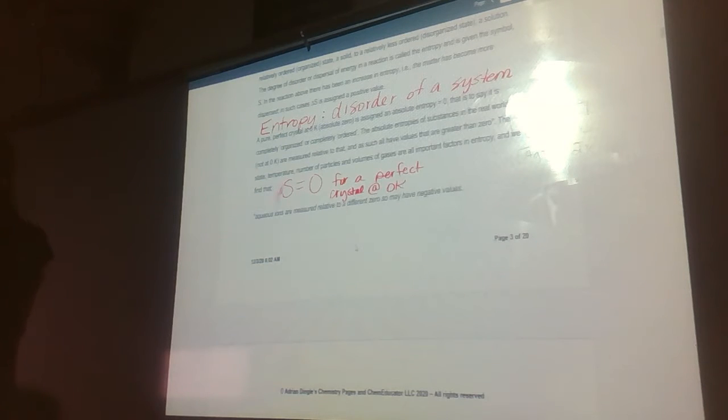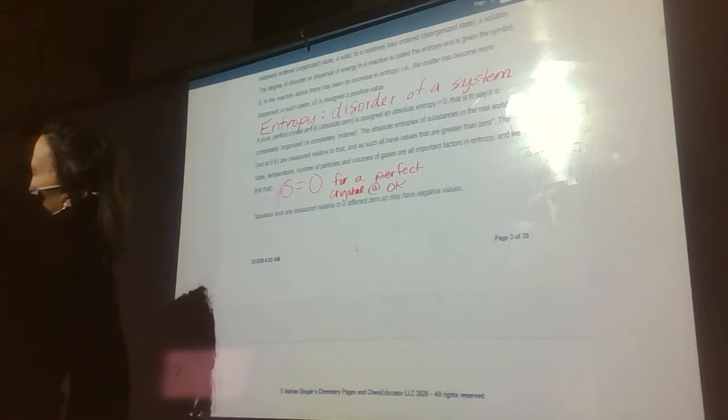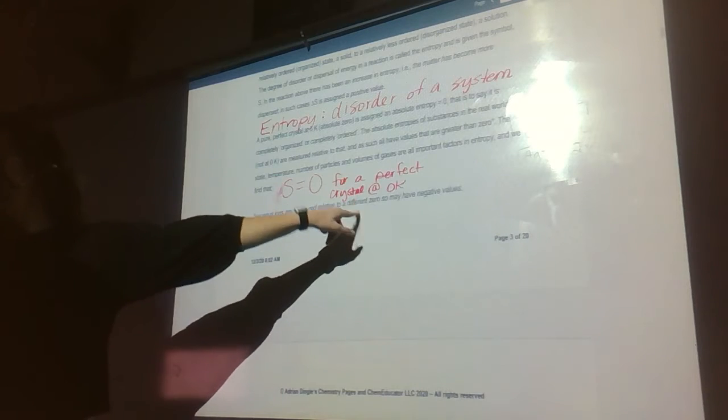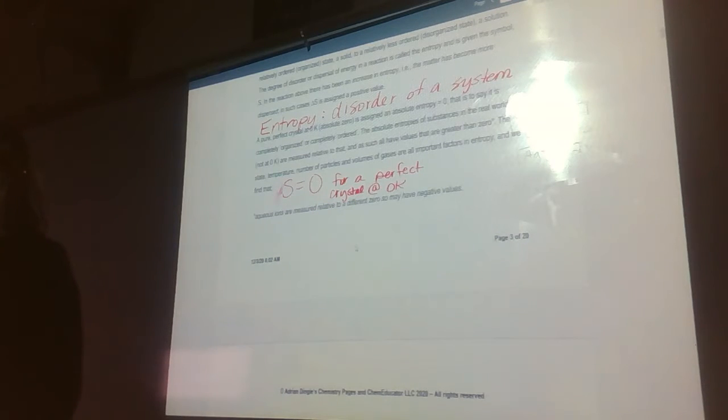So if entropy is disorder, the thing in the universe with the least amount of disorder, or the most ordered thing, would be a perfect crystal. I'm talking about like diamond. If you look at diamond under a very strong electron microscope, the carbon atoms are in a perfect pattern.